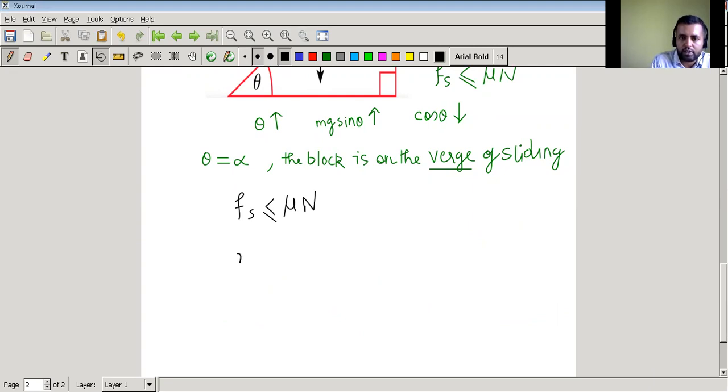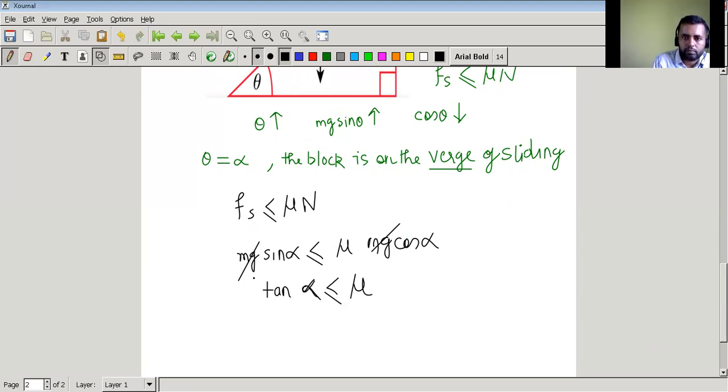So this friction mg sine alpha will be equal to mu times mg cos alpha, this mg cancels out, and we are going to get tan alpha is less than or equal to mu. Now, this is one very important equation.